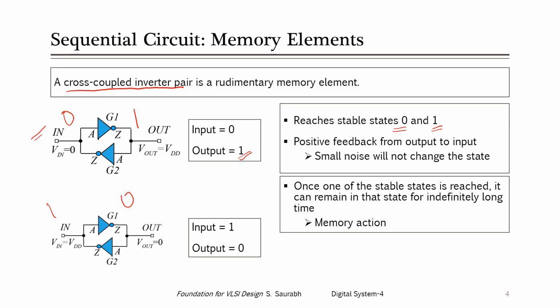Therefore this is a stable state, and it is a kind of memory action. Even if the input is removed, the cross-coupled inverter pair can remember the initial value that was applied as input to the inverter pair, and it is remembering that value, and therefore there is a memory action.